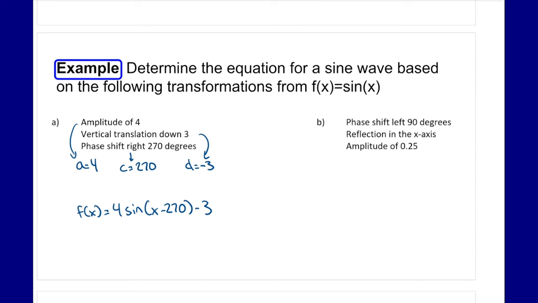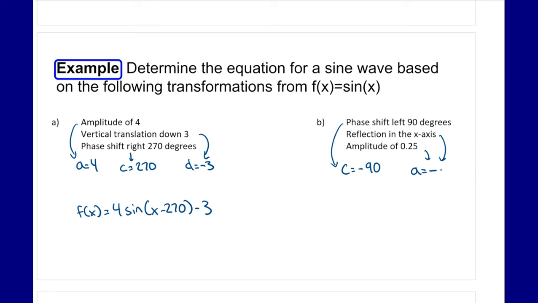For B, same idea. Look at the different transformations and apply it to the specific value. Phase shift left 90 degrees. So C value equals negative 90 because it's left. Reflection in the x-axis and the amplitude, that is going to both refer to the A value. Reflection means it's negative.